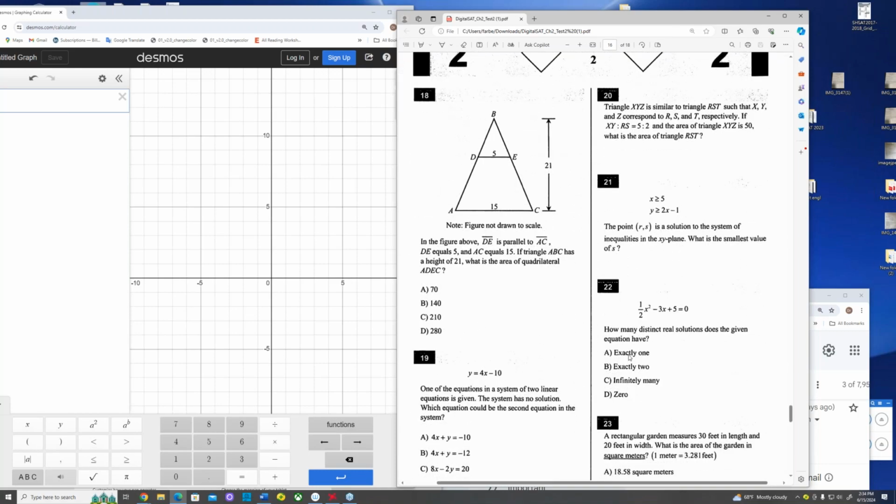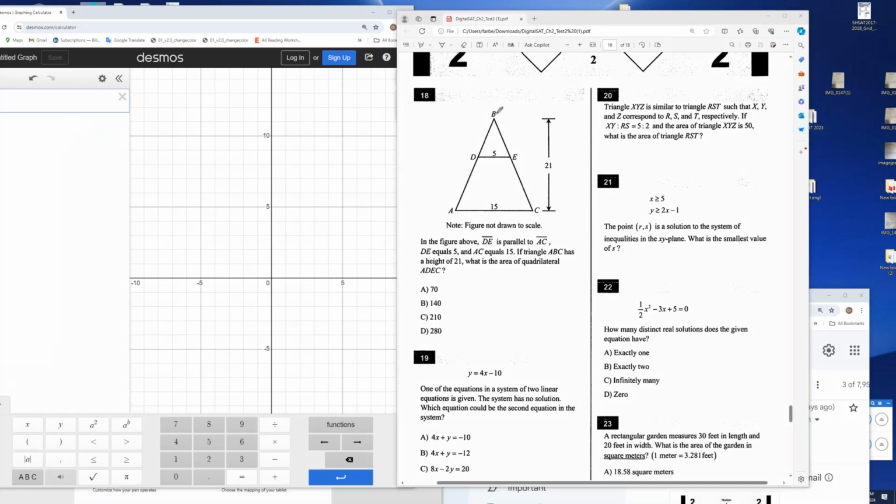Okay, let's do this one. Number, what is it? Number 18. Okay, look at this. Imagine I use this pen, and this is H1.